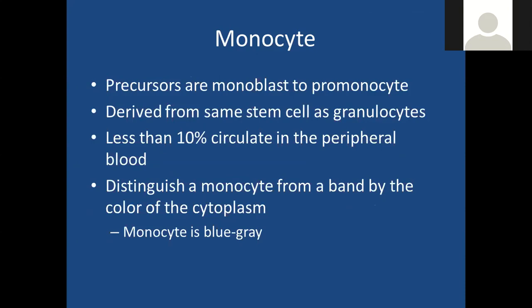So we really try to make your smears within 5 to 6 hours from collection at room temperature. You don't want them to sit around because you're going to have some artifacts form, and it could interfere with your evaluation of the smear.